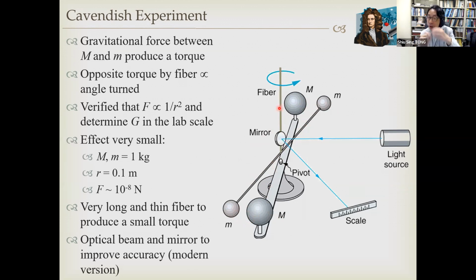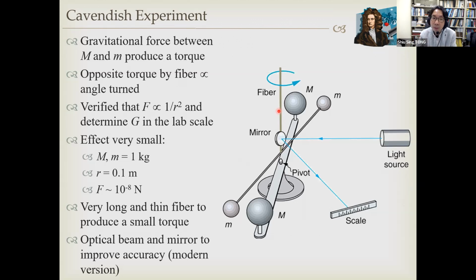But when the fiber is twisted, it produces a small restoring torque. The fiber is somewhat like a spring. When you try to twist it, it will have a restoring force due to its material that tries to produce an opposite twisting force to oppose that.